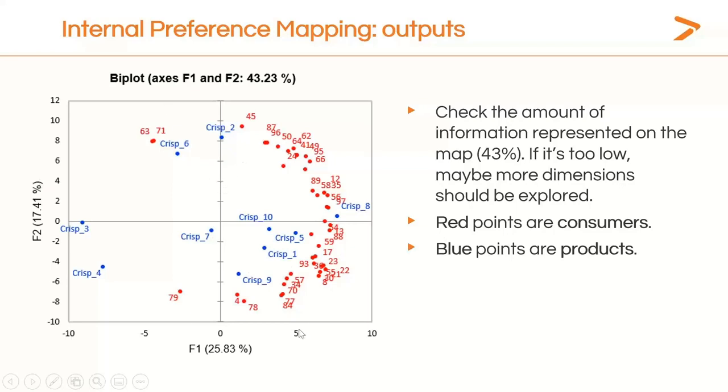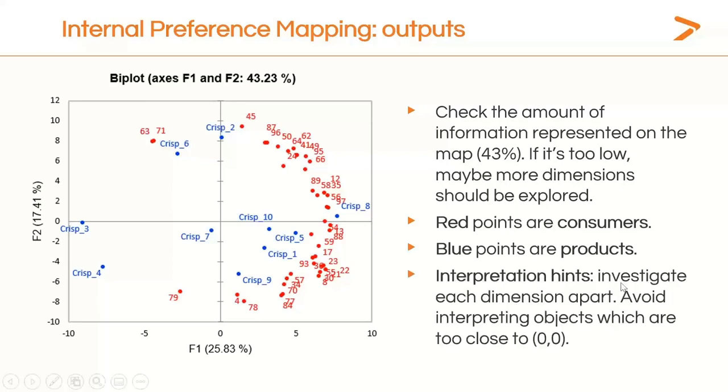Now, how can you interpret this? Here are some interpretation hints for those of you who are not really familiar with PCA. If you're not familiar with PCA, I would strongly advise you to do some research on PCA or to request some training from ExcelStat or some consultancy. So here are investigation hints.